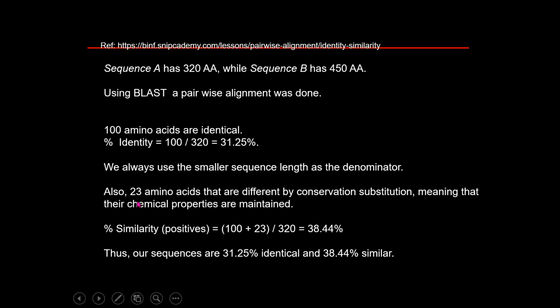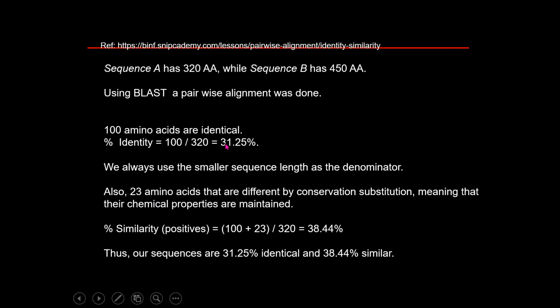Among the amino acids, some are hydrophobic, some hydrophilic, so there are similarities between amino acids. If 23 amino acids are similar in chemical properties, then we can add them to this 100, and that comes to 38.44%, which is called similarity.